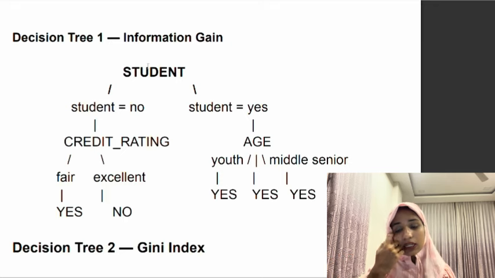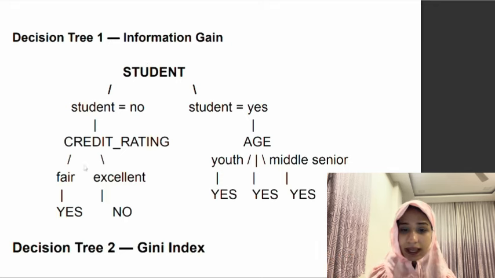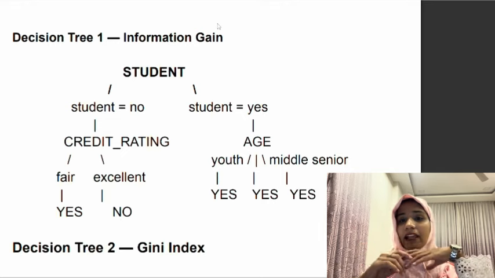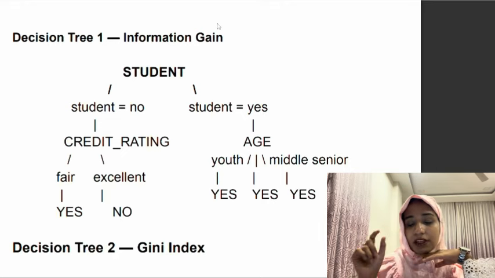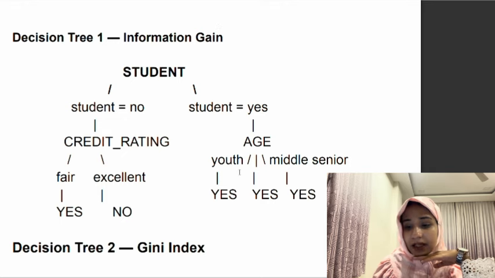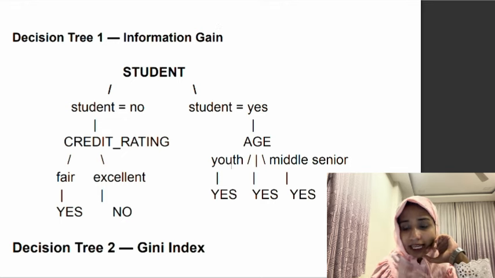Then credit rating: fair, excellent, yes, no. If he or she is a student, we find his age, which can be youth, middle and senior. Youth goes this side, middle goes this area, and senior goes this area.